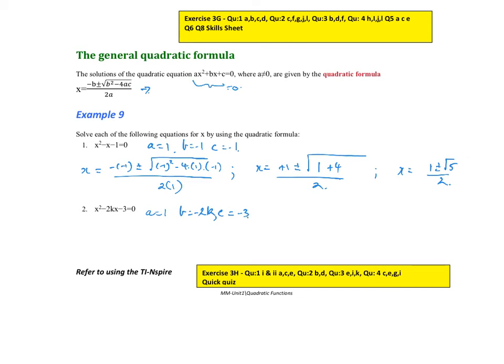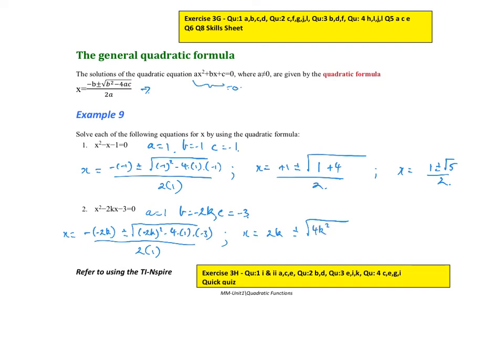So making use of our rule, minus B, so x is equal to plus or minus the square root of b squared minus 4 times a times c over 2a. So x is equal to 2k plus or minus the square root of, that's going to be 4k squared plus 12, over 2.